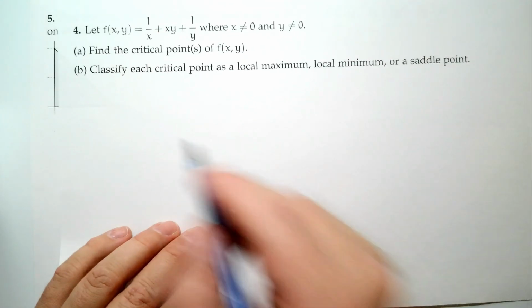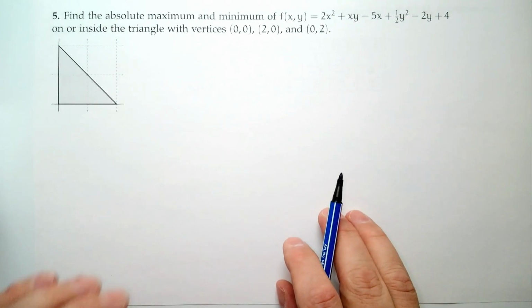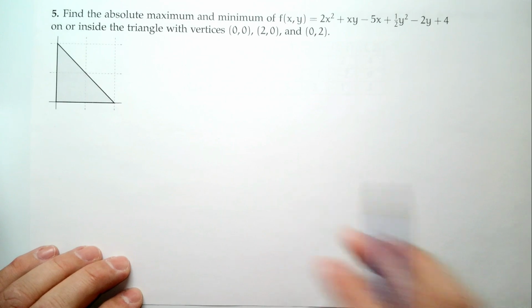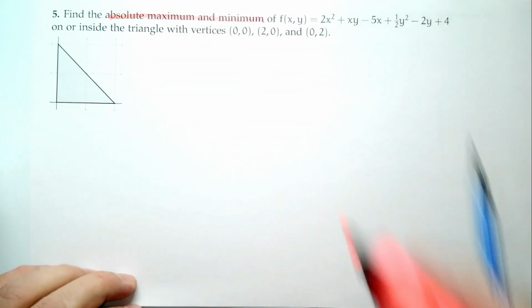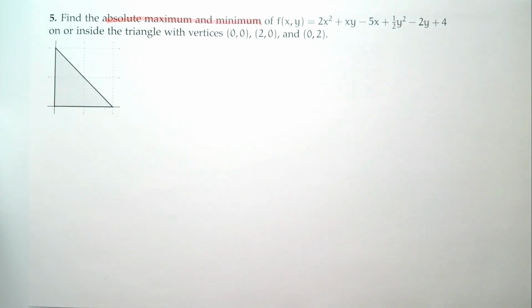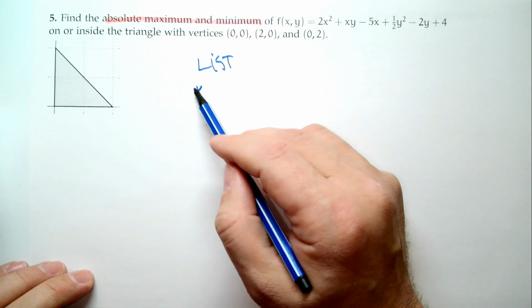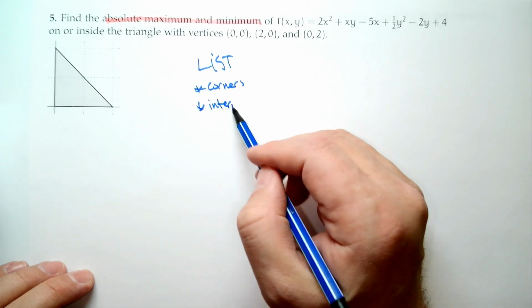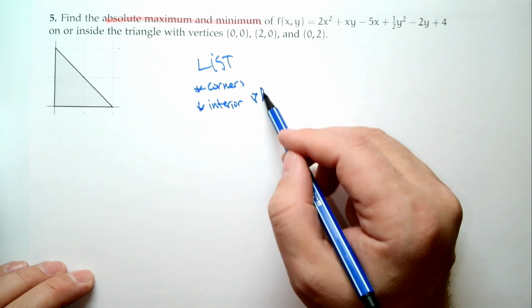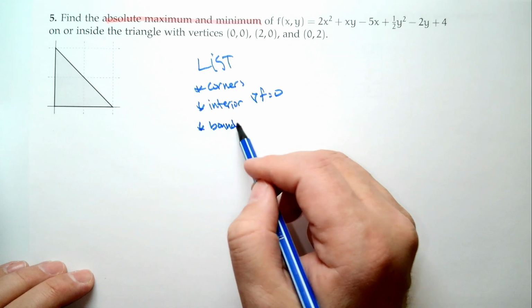This is another classification. Take your partial derivatives, set them equal to 0. Absolute max and min. How do you know how to recognize an absolute max and min problem? The answer is, look for the words absolute max and min. That's a dead giveaway. So the absolute max and min is you always make a list. Make sure you include your corners. Make sure you check the interior. How do you check the interior? Gradient equals 0. And then you check your boundary one at a time.